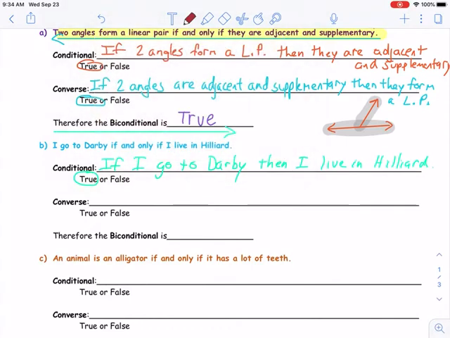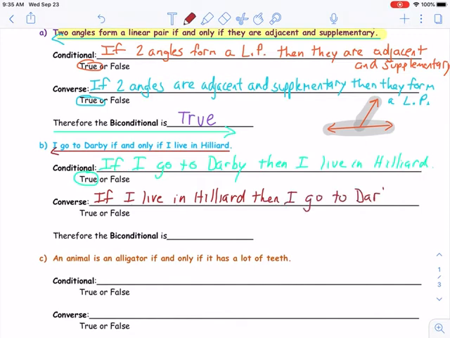All right, but what about in its converse form? We've got to read it backwards. If I live in Hilliard, then I go to Darby.